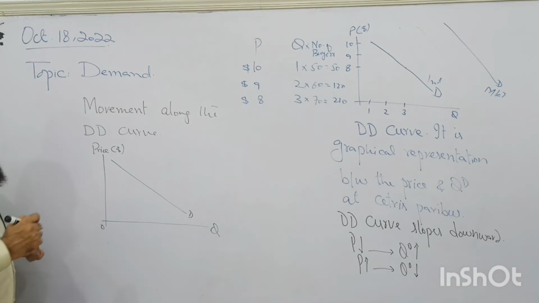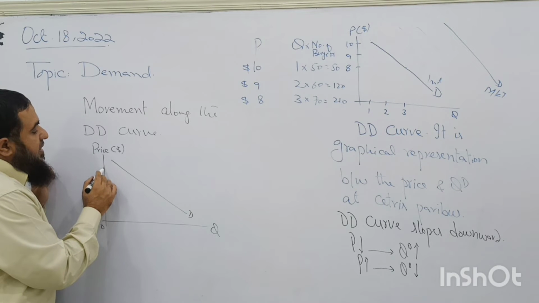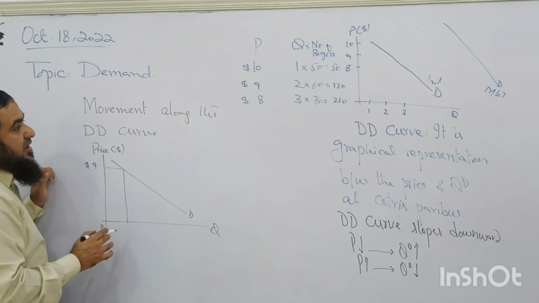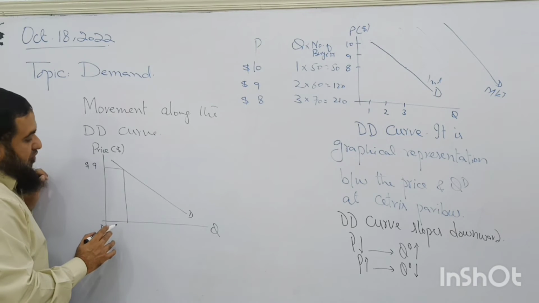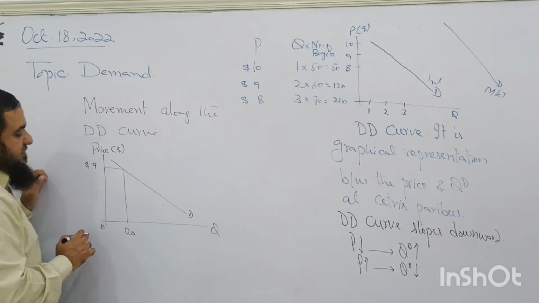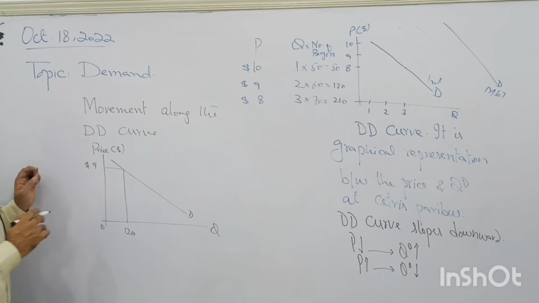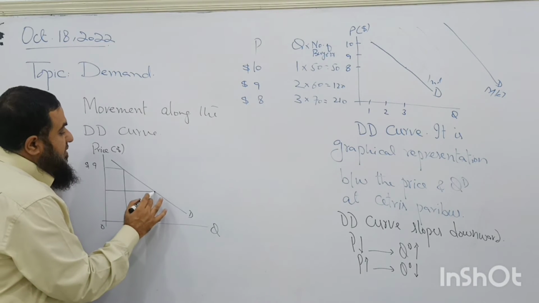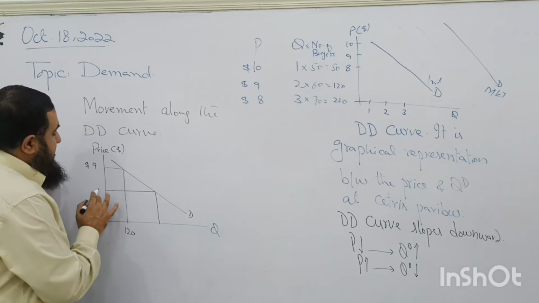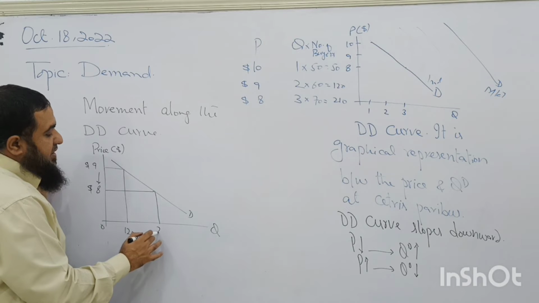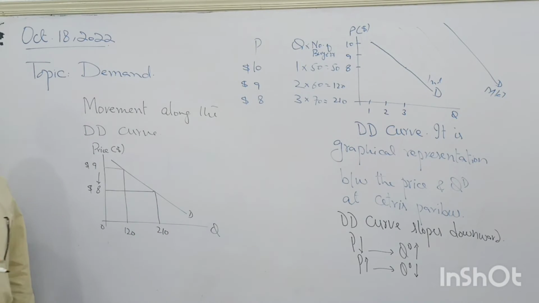Clear? So we see over here, when price is $9, there are 120 units which are demanded by the consumers. And when price goes to $8, how many units are demanded? 210.